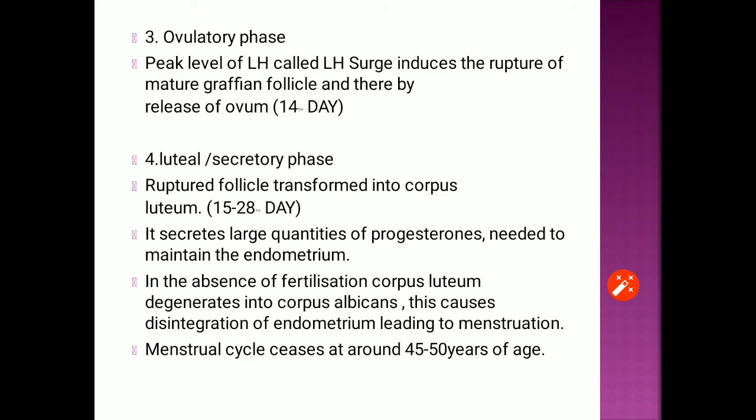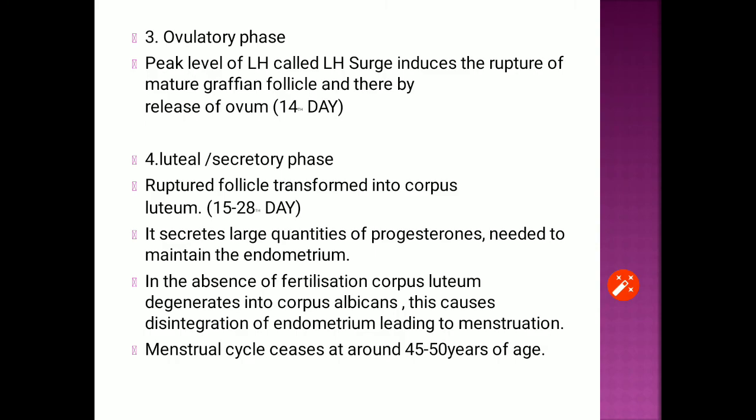In the absence of fertilization, the corpus luteum, which is the ruptured Graafian follicle, degenerates into the corpus albicans. The corpus luteum is commonly termed the yellow body, and the corpus albicans is termed the white body. And this causes disintegration of the endometrium, leading to menstruation.